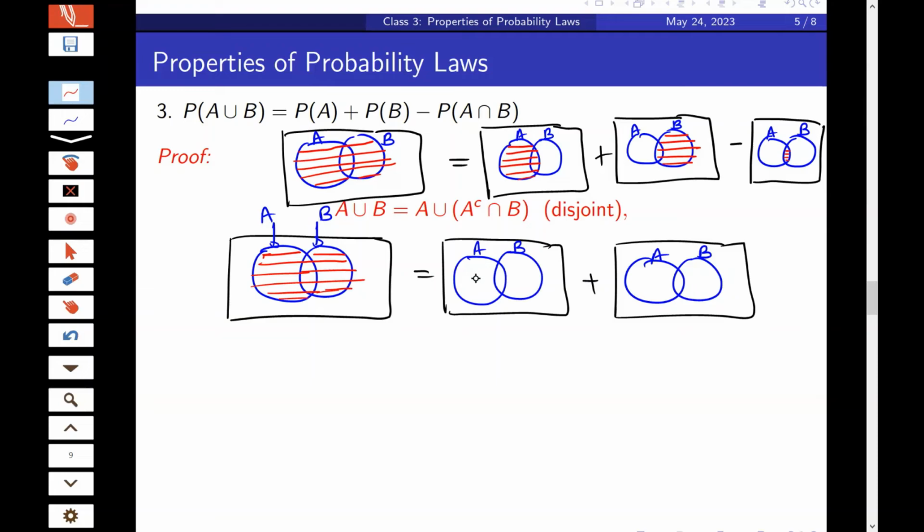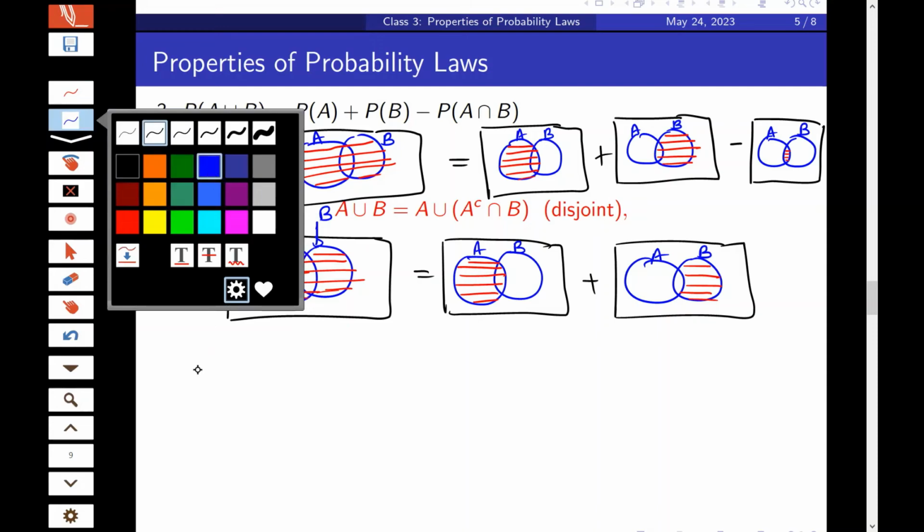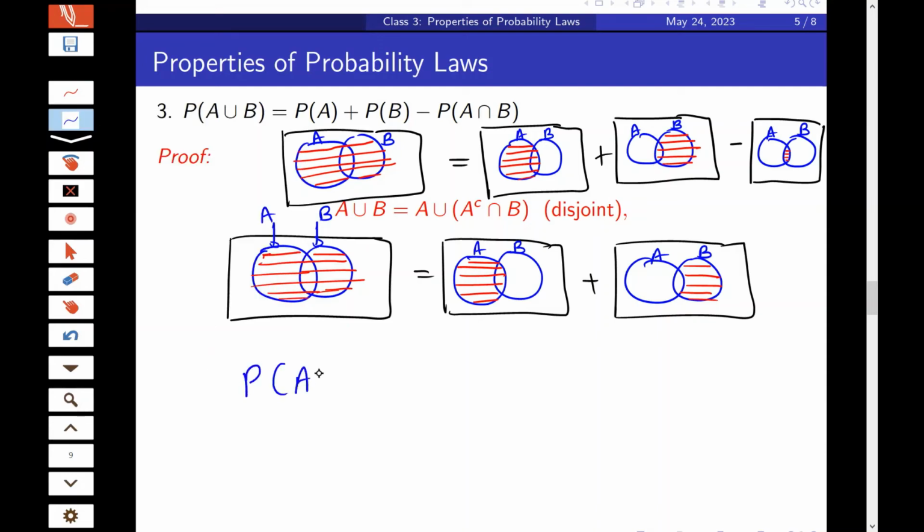A union B will give you A plus A complement intersection B. A complement means all the things outside of A, intersected with B. This part. That's true, okay? So if you add these two regions, you will get A union B. Now I'm going to take a probability function for both sides. So P(A union B) equals P(A union (A complement intersection B)).